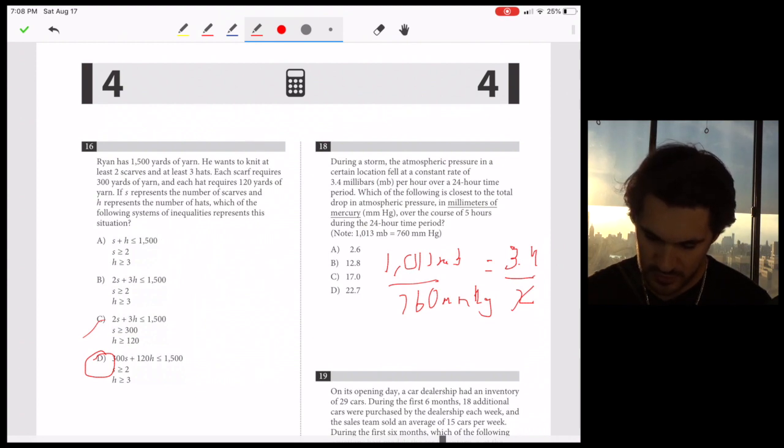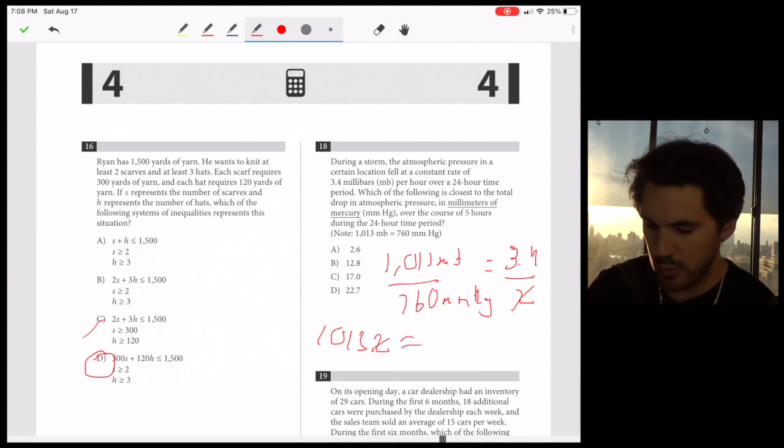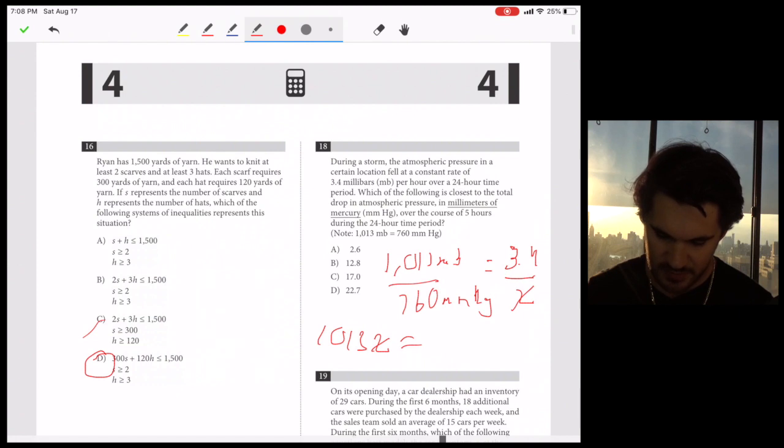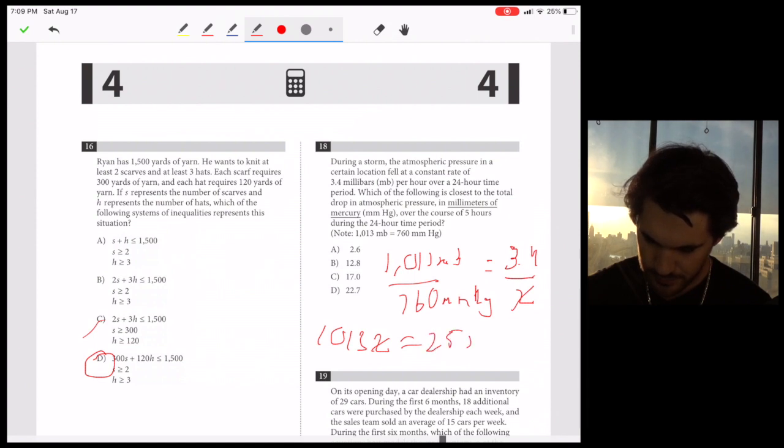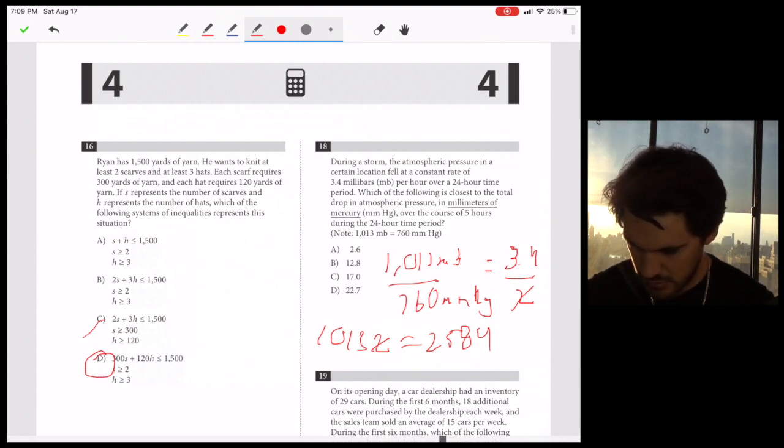So 1013 X equals 760 times 3.4, which is 2584. Divide both sides by 1013. 2584 divided by 1013 is about 2.55.